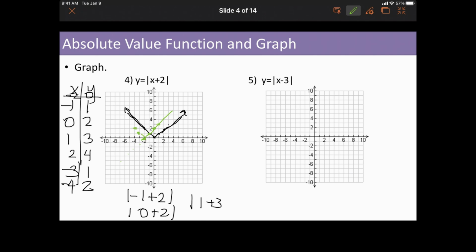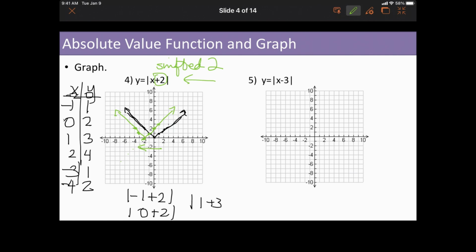So what happens? Let's compare. It shifted 2 to the left. So this plus 2 shifted 2 to the left. So it's actually the opposite sign. So plus 2, it looks like it should go to the right, but it's actually the opposite.